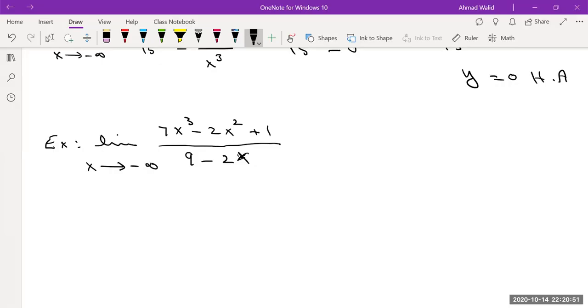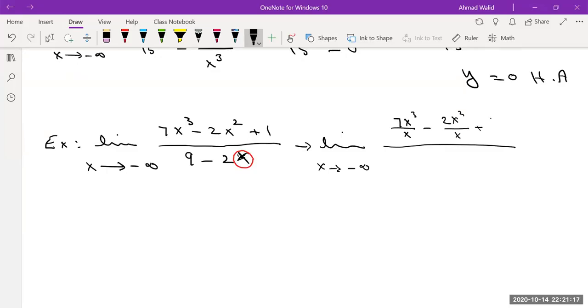Okay, now what should I do? I will divide each term by the highest exponent in the denominator. The highest exponent in the denominator is x, right? Then I can write limit as x approaching negative infinity, fraction bar, 7x cubed divided by x minus 2x squared divided by x plus 1 over x, all over 9 over x minus 2x over x.